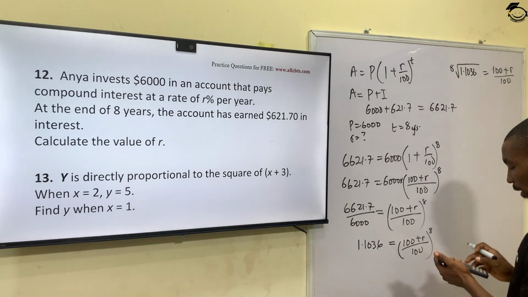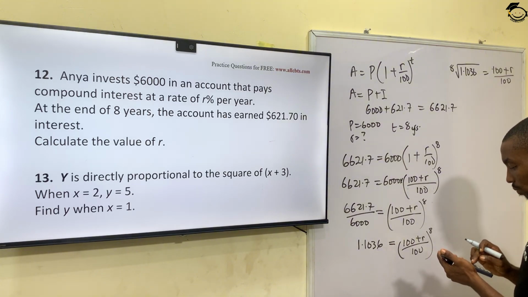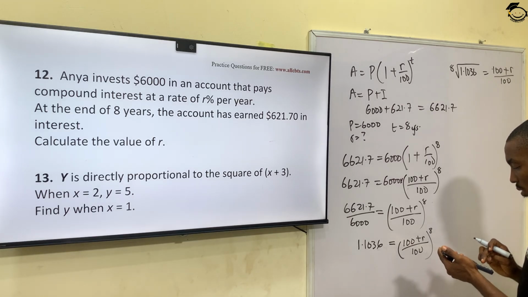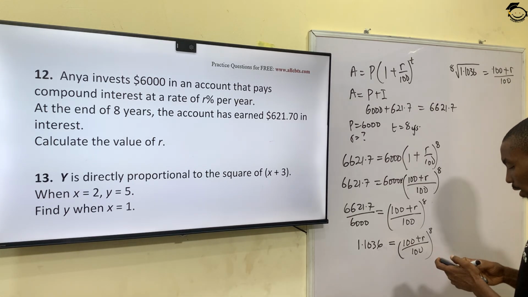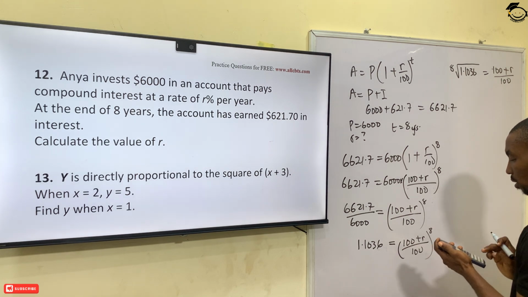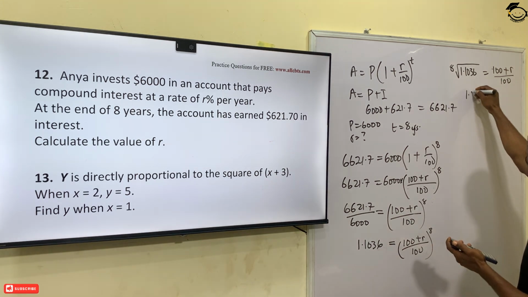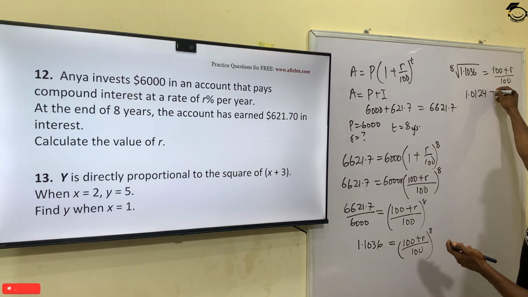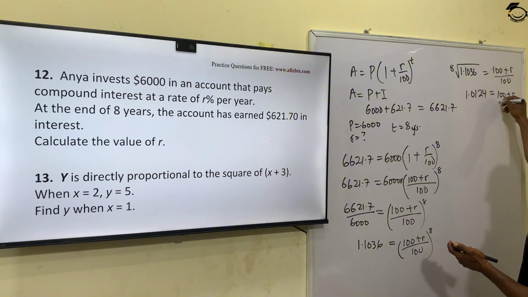So the 8th root of 1.1036 gives us 1.0124 equals 100 plus r over 100.